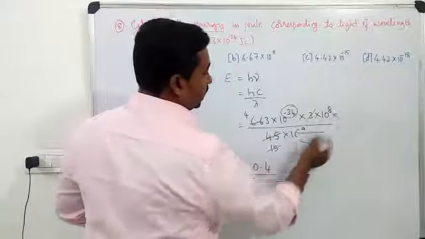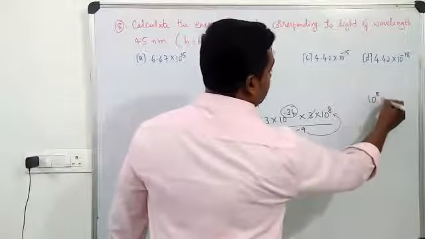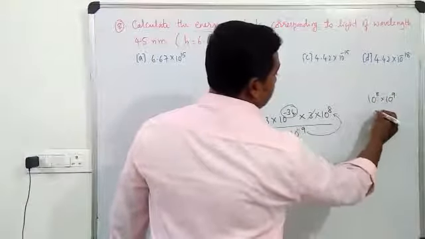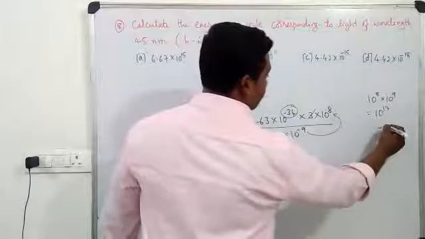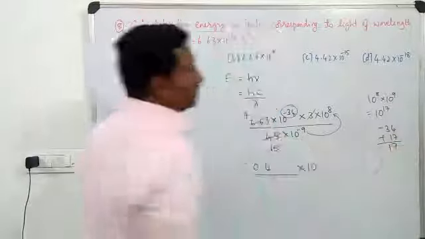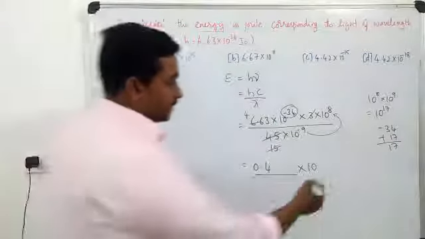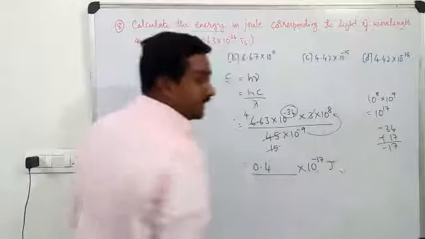If it comes to numerator, becomes plus 9. So we have 10 power 8 into 10 power 9, 10 power 17. Minus 34 and plus 17 gives you minus 17. So into 10 power minus 17 joule will be the answer.